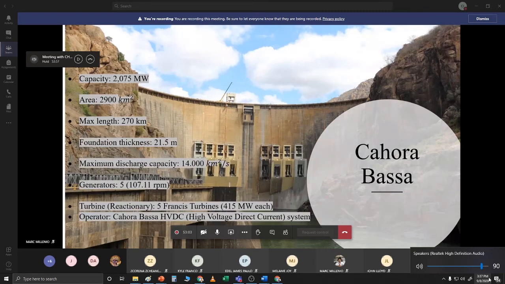So, yung total capacity niya po ay 2,075 megawatts. So, may area din po siyang 2,900 square kilometers. Ang max length niya po ay 270 kilometers. Tapos yung thickness po ng foundation niya ay 21.5 meters.